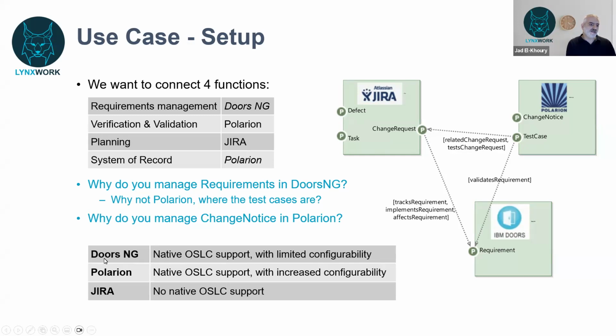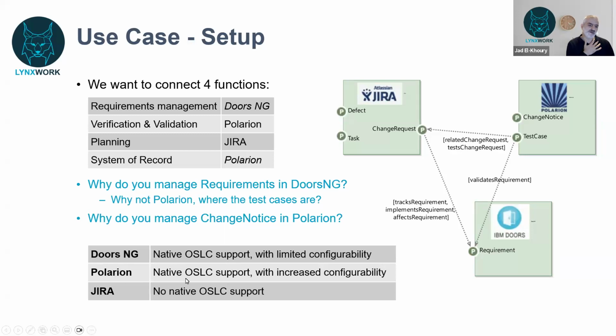In this setup, it's worth highlighting the variations, and it was quite interesting to pick these three tools. DOORS has native OSLC support, but it's a bit limited when it comes to what kind of traceability links you can connect with it. They're sort of predefined with some support. I might be very wrong here, but from my understanding, you can't configure what kind of links, and in which direction, you can have in DOORS Next.